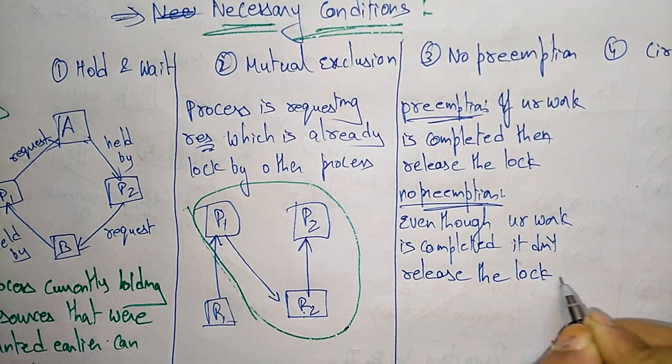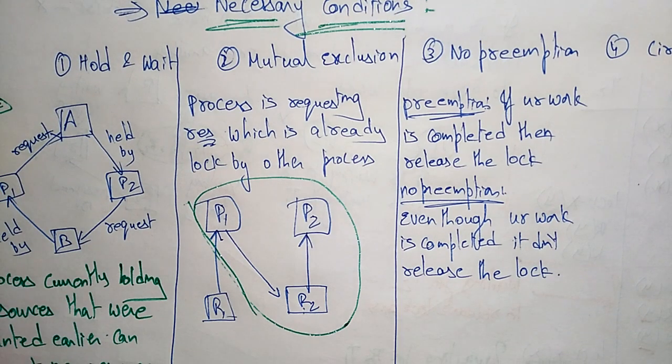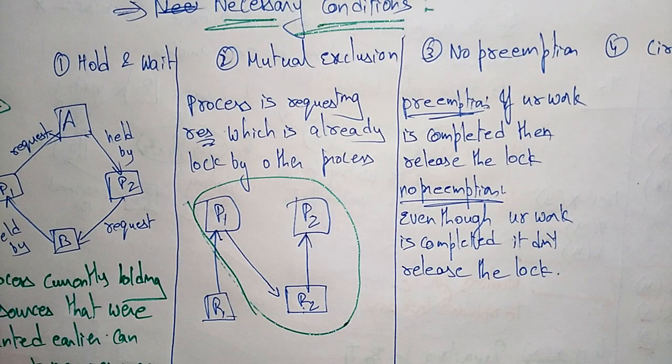It is holding the lock even after the transaction is over. After the transaction is completed, it is not releasing the resources. The transaction is not releasing the resources even after the completion of the work. That you call non-preemption.